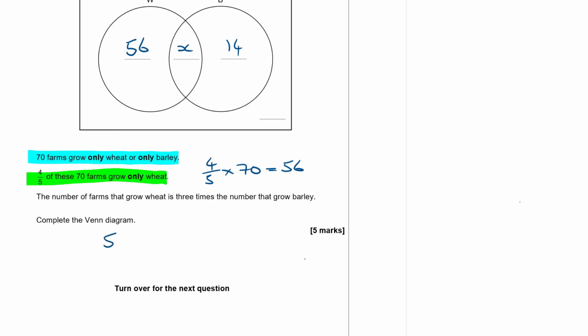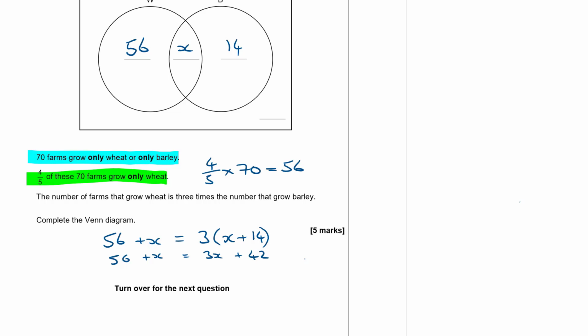So 56 plus X is 3 times X plus 14. So removing the brackets, 56 plus X equals 3X plus, what's that, 42. 3X plus 42.